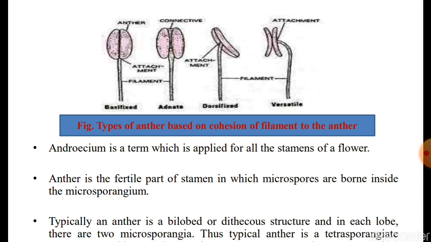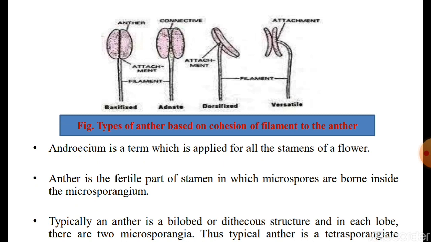These are the figures of these four types of stamens based on the cohesion of filament to the anther lobe. From left to right, the first one is basifixed, in which the filament is attached to the base of the anther lobe.